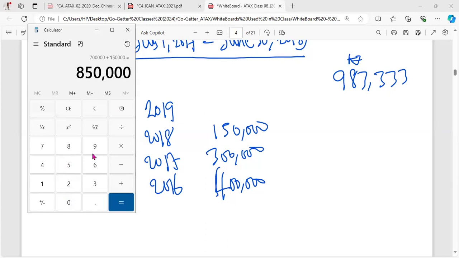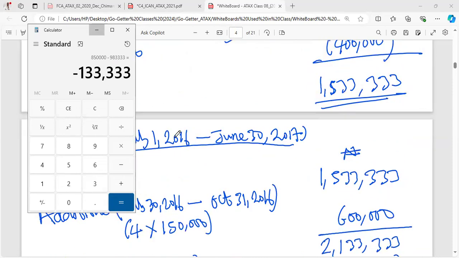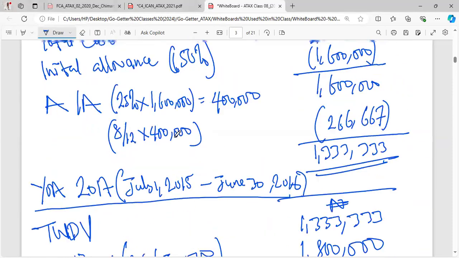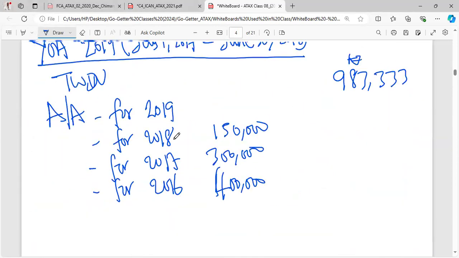Right? Let's find the difference between 850 and 983,333. The difference is 133,333. It's because of proration. That's what we are going to take.